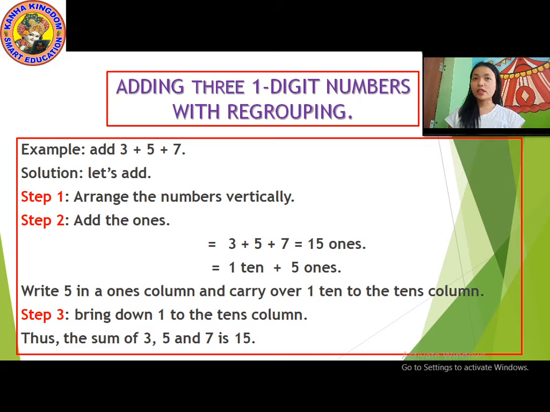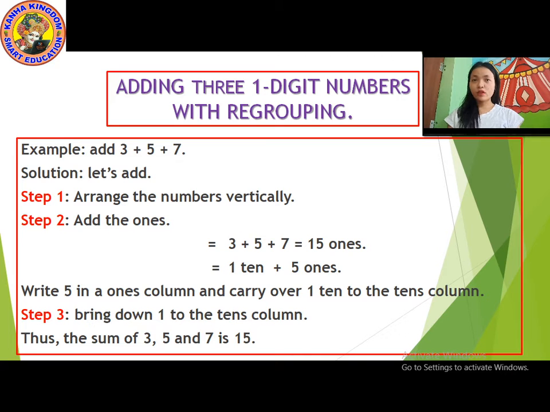So after adding 3 and 5 together, we should add 7 also with 8, because we got 8. So now we are going to add 7 with 8. While adding 7 with 8, we will get 15 ones, right? Because we are adding the ones, we should write the answer in ones.